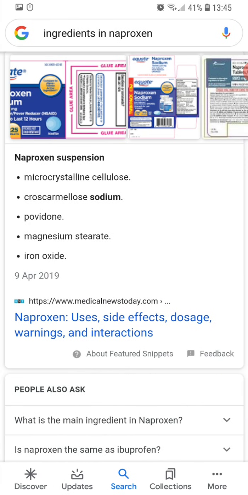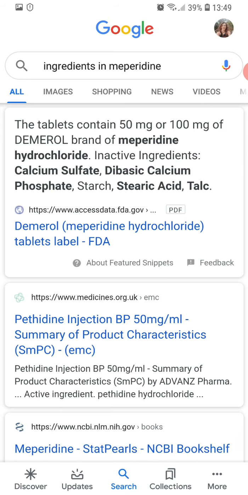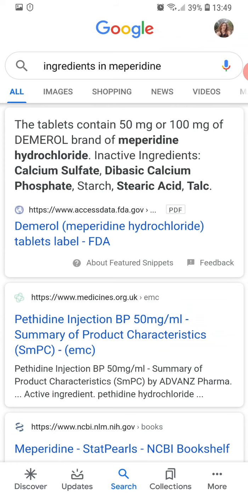Oxymorphone hydroxide. Naproxen, magnesium again. Naproxen sodium, you can see the two differences. One's got colloidal silicon dioxide, talc. Now I'll take you through, and that one was meperidine.